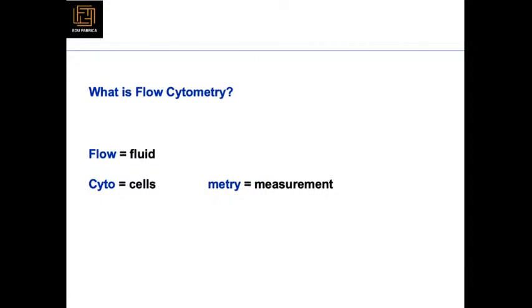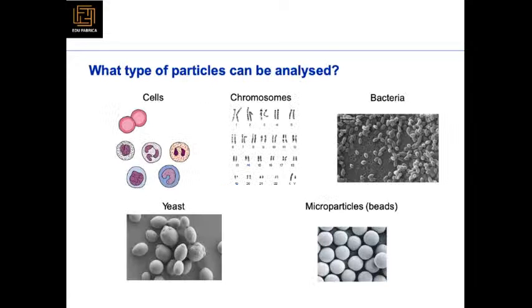So what is FACS analysis? Flow cytometry means flow means fluid, cyto means cells, metry means measurement. So you're measuring the cells which are in the fluid, in the flow of moving. What type of particles can be analyzed?